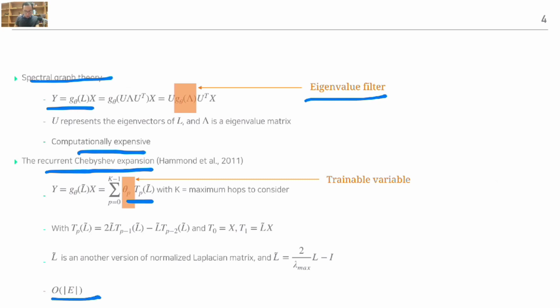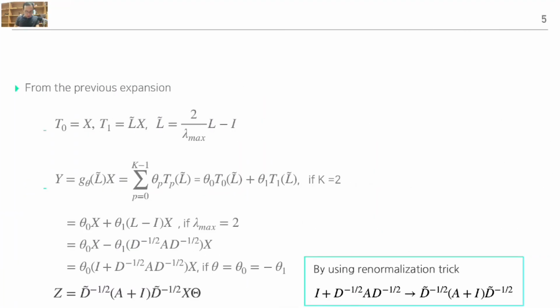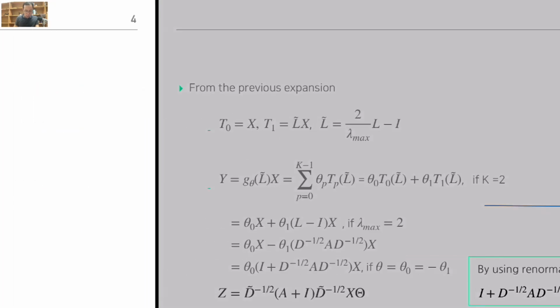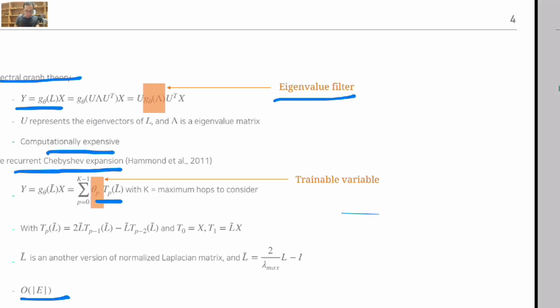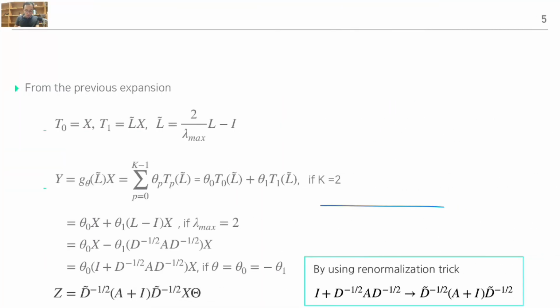So we stopped at that point, and actually we were missing the actual connection between the Chebyshev expansion and the graph convolutional neural network.